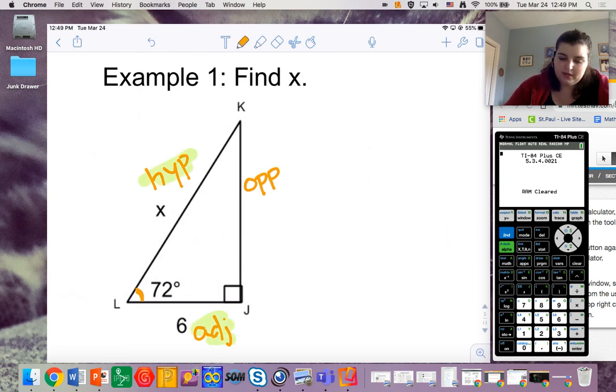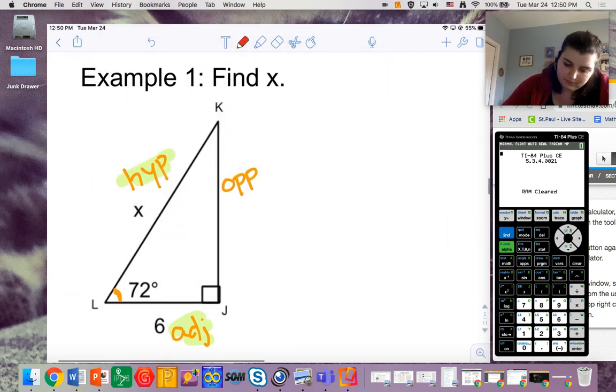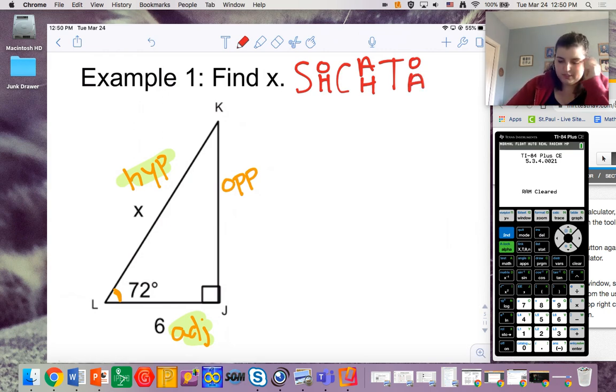So if I remember SOHCAHTOA, which one of these involves the adjacent and hypotenuse? Well, it's the cosine function. So we're going to use cosine to solve.